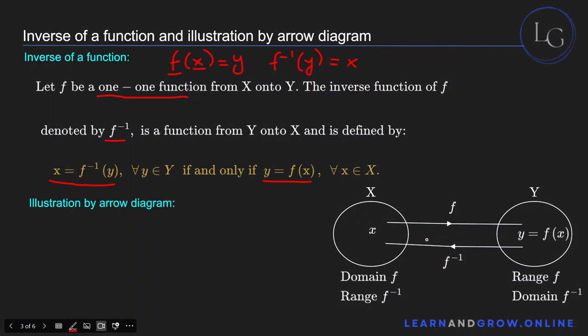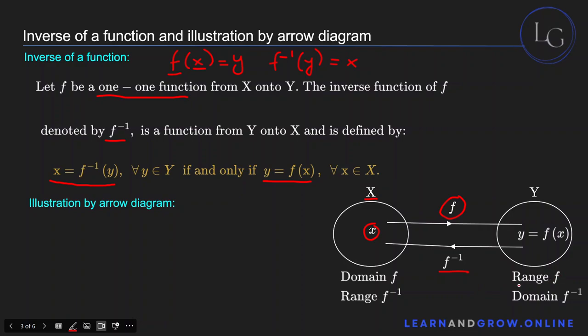See, this is the diagram. F basically maps this x onto the set y, right? The terms in this set x onto the specific terms in y. So the opposite way around, when you need to map this y onto this set x, so values of y that will give you values of x, that is where you use f inverse, right?